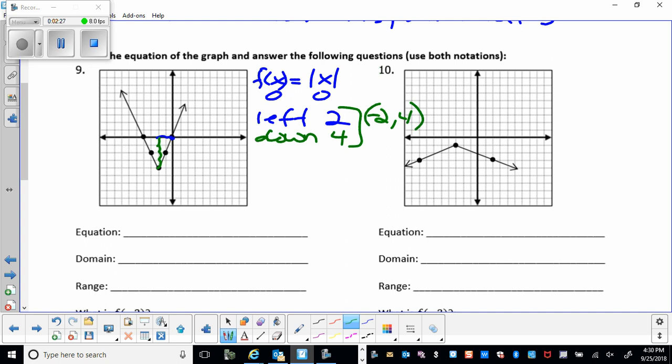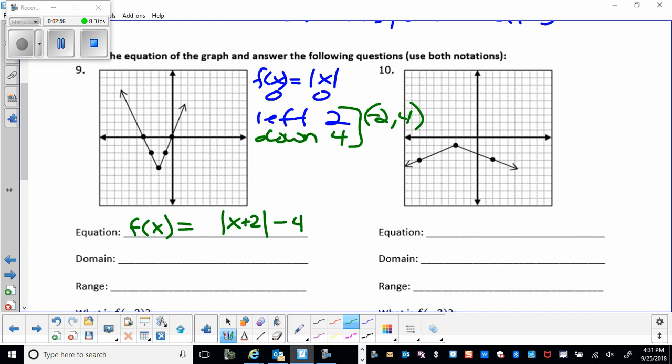Right? So I'm going to have f of x equals, all right, and I know I have an absolute value, and I know it went to the left 2, so that would be +2, and then the down 4 would be -4. All right, now I do need to look at the slope here. It looks a little bit skinnier, and it is.